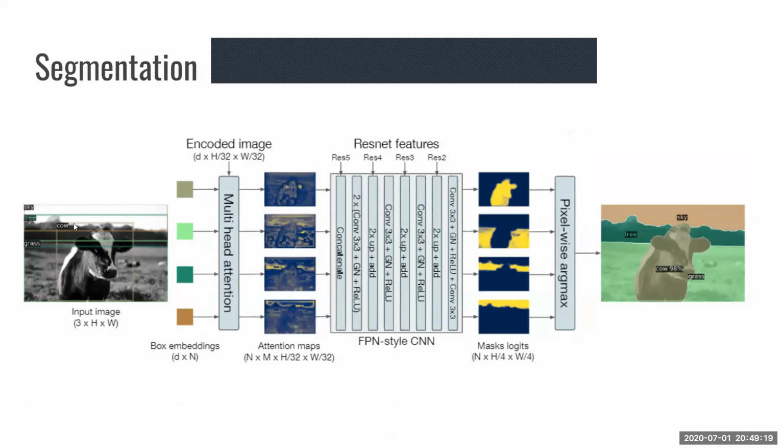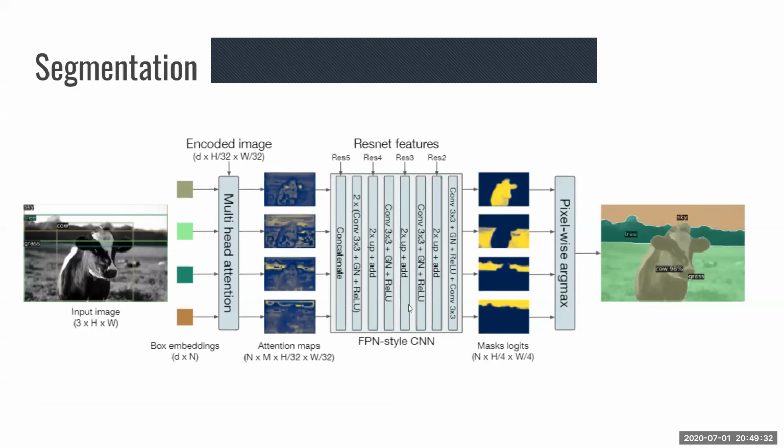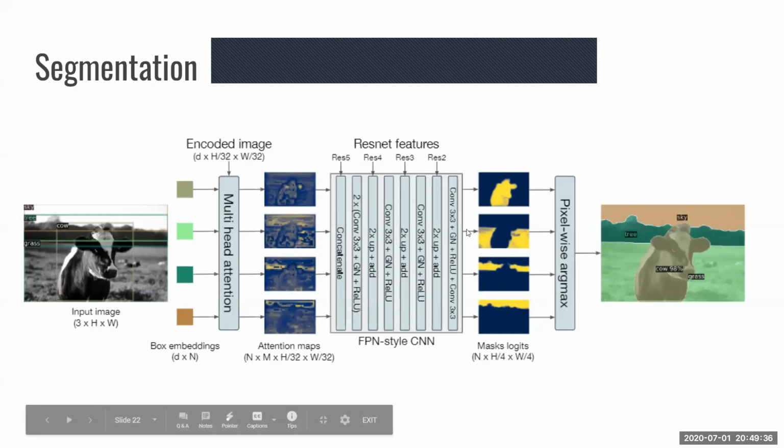What they did is take an image and apply the same attention mechanism, and here they have small attention maps, and they pass them through a convolutional neural network. But this is a reversed one, because from small images we make bigger images.